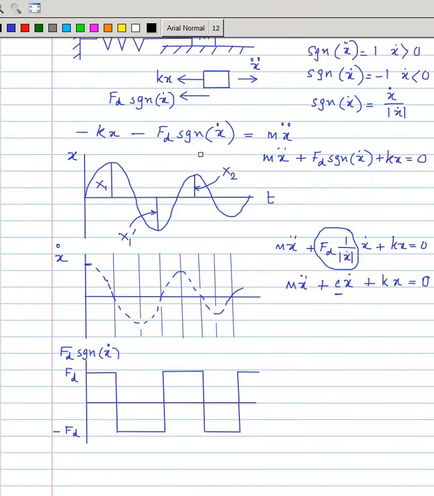This diagram is actually the slope of the displacement diagram. So this is the maximum slope, so velocity is maximum, and here the slope is 0, so velocity is 0. Again here the slope is 0, so velocity is 0, and here negative maximum, so velocity is negative maximum. Like this you can plot the velocity diagram.